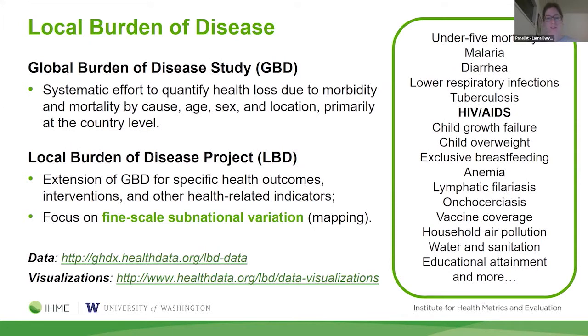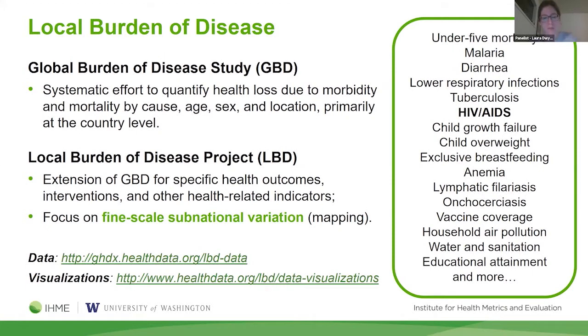The reason it focuses on that is because we have this underlying knowledge that health and disease burden vary within countries among different populations. One really important dimension in which that happens is by space, and so we want to be able to quantify and display that.